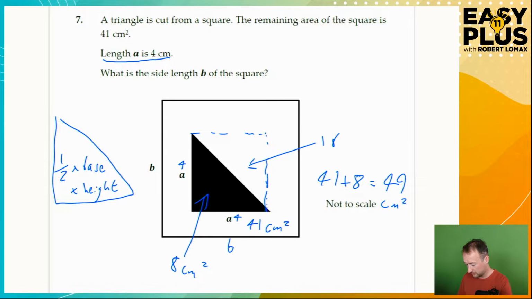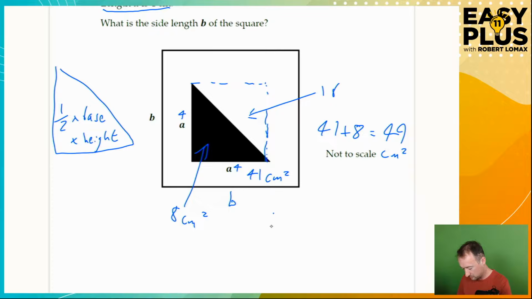Now, we know that b times b gives us the area of the square. Therefore, we can write that b times b equals 49, and b times b, as I'm sure you know, you can also write as b squared, that doesn't really make any difference.